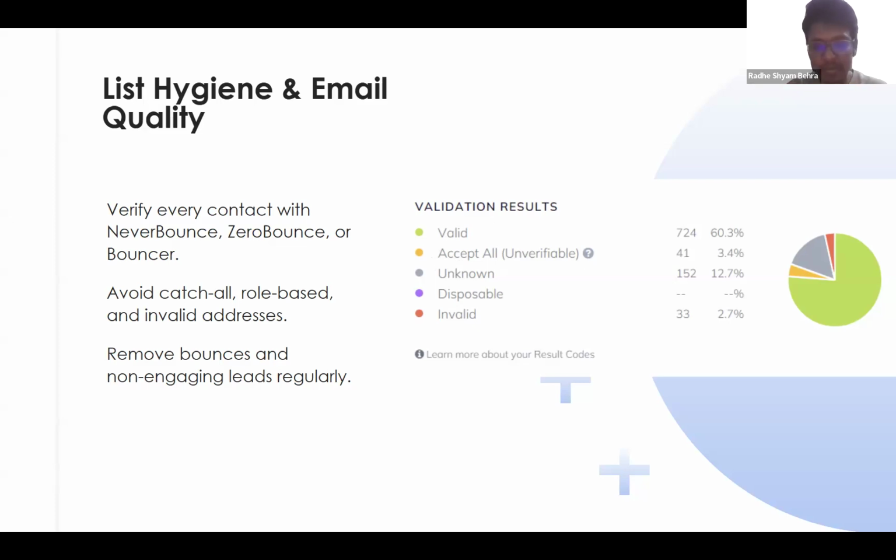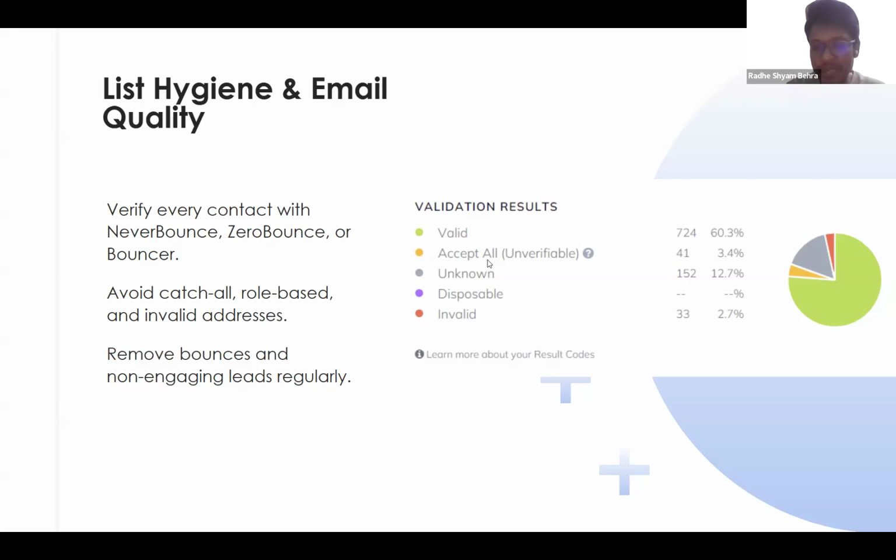Let's take your example. So imagine there is a company and there is no person called Ritesh in that company. But somebody accidentally sends email to Ritesh at company.com, right? If that happens, ideally the email should bounce. It should not land into the inbox of any person whatsoever, right?